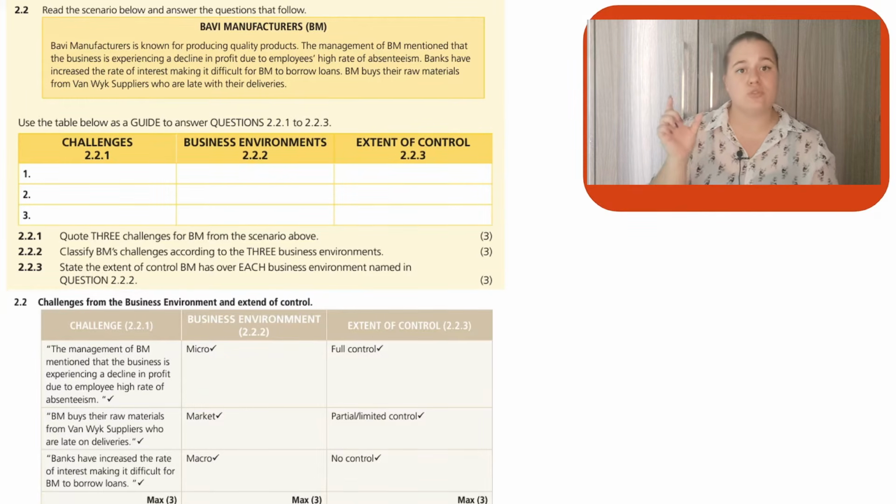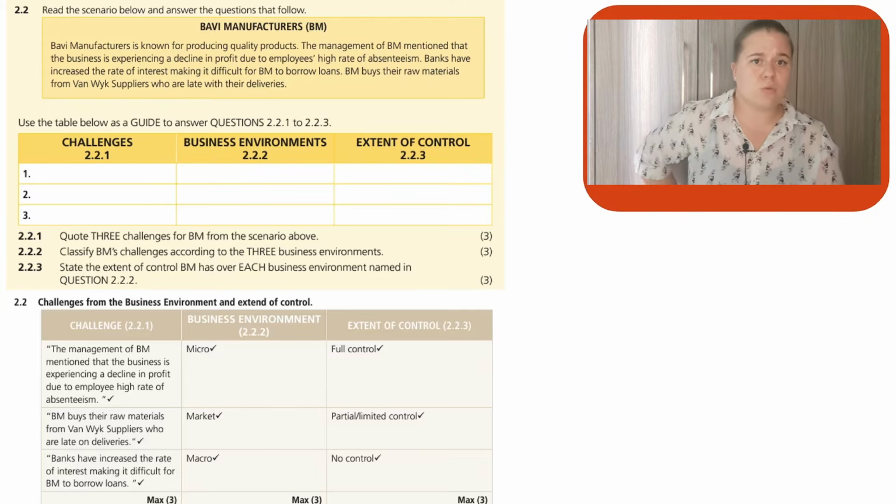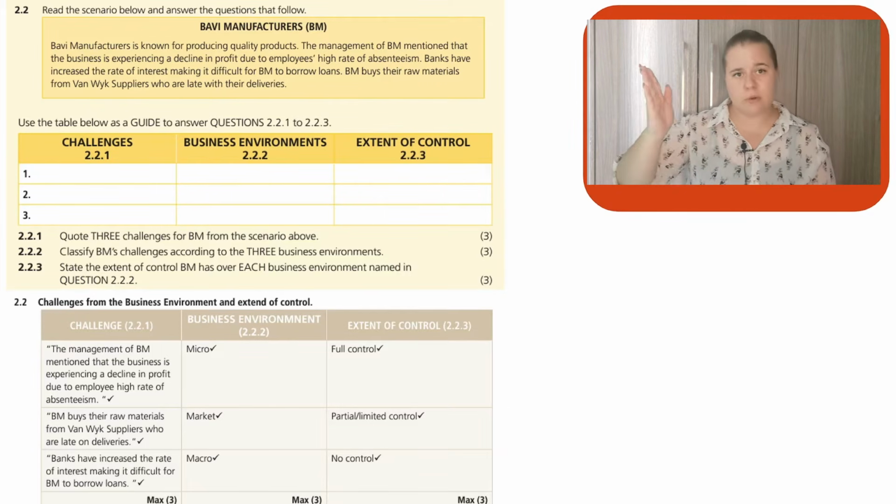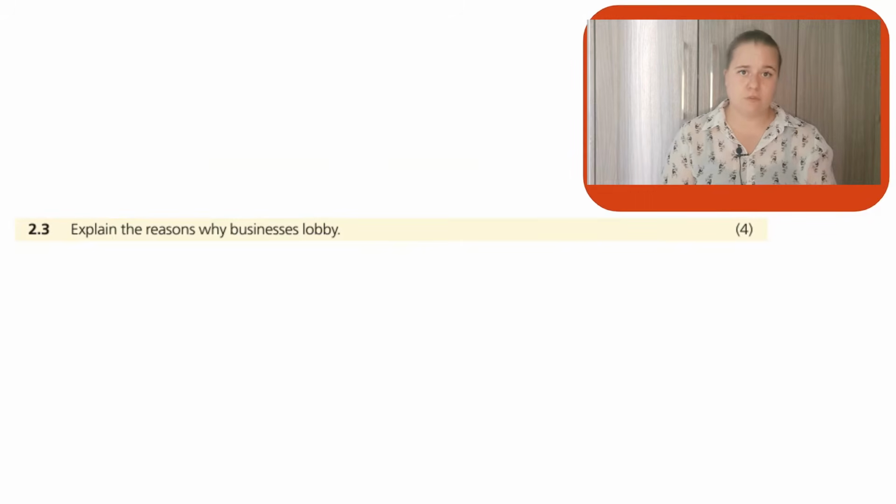No. If you are going to cut the quote and only shorten it and write keywords, which I see often, then you won't get the marks awarded for that. So when we say quote, we mean from beginning to end, not just quoting one snippet. You can't just quote high rate of absenteeism. All right, I hope I'm making sense, but you need to quote the entire sentence. If you are confused, it's from where it starts all the way to the full stop.